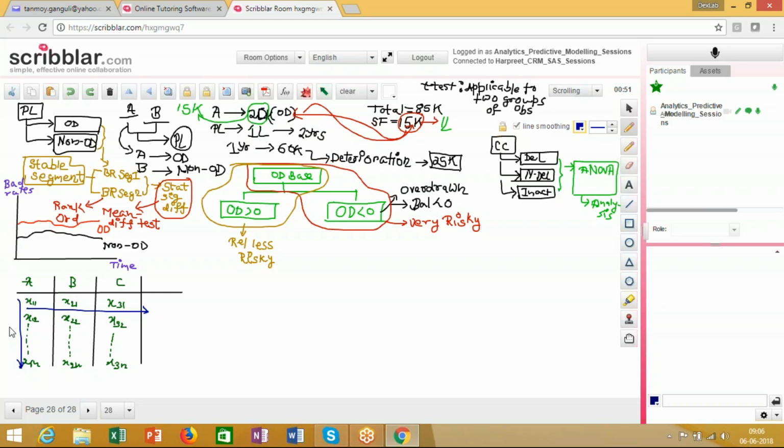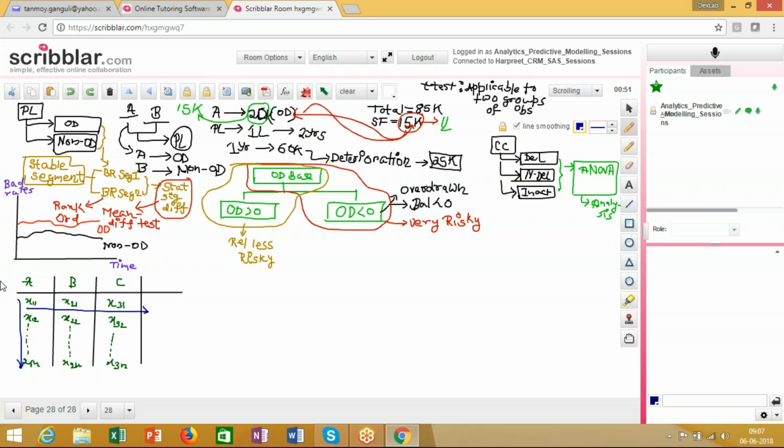But across the groups, if there is a very high deviation, then we can say that as I move from group A to group B, the overall behavior of the variable changes, and as I move from B to C, the behavior again changes.